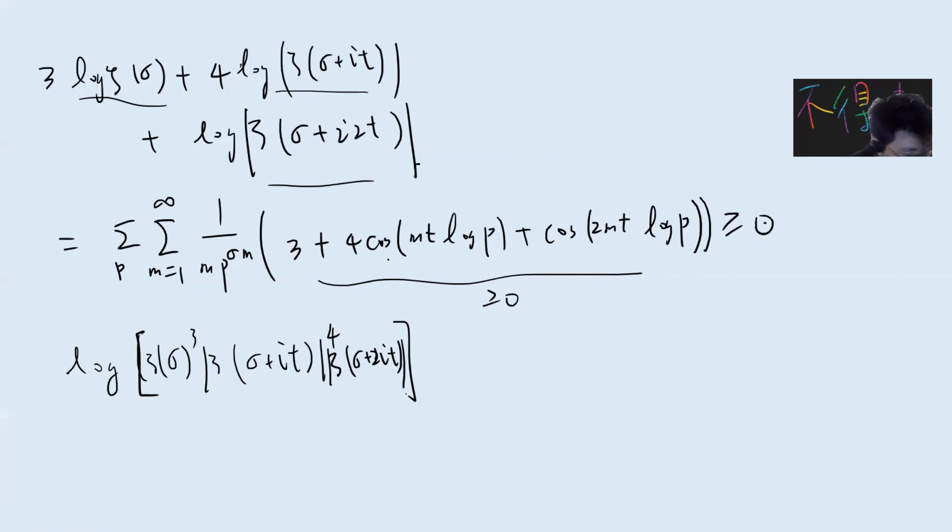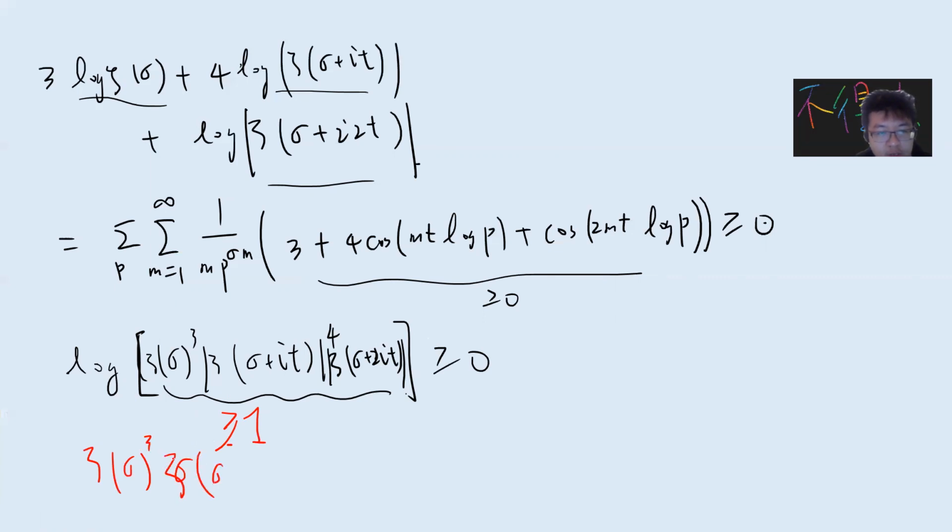These terms are greater or equal to 0, which means that the product is greater or equal to 1. So we got zeta of sigma cubed, times zeta of sigma plus it to the power 4, times zeta of sigma plus 2it, is greater than or equal to 1.